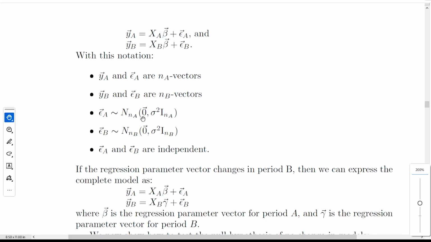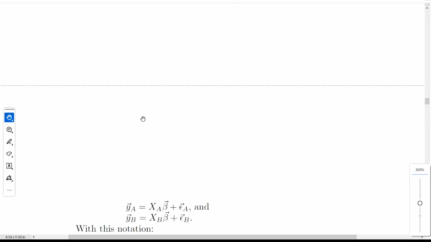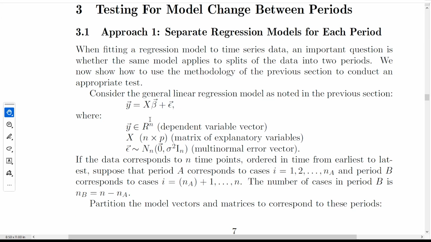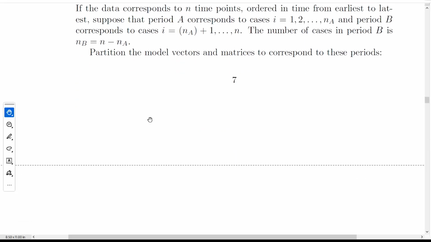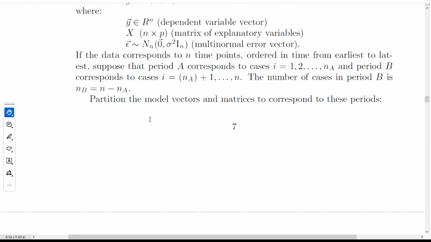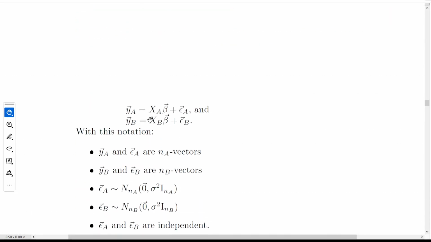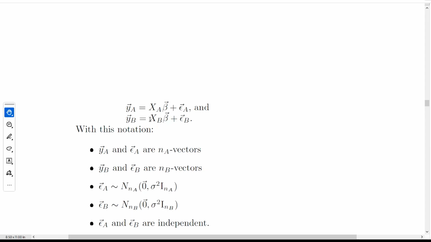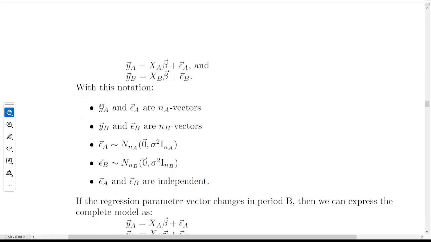What's interesting, I guess, is with this change between two periods, if we consider an original regression model, y equals x beta plus epsilon for a very long period, we might consider splitting it up into the first part, period A, and the second part, period B, and have two equations for the respective sets of data.